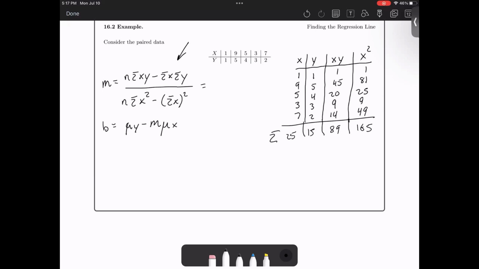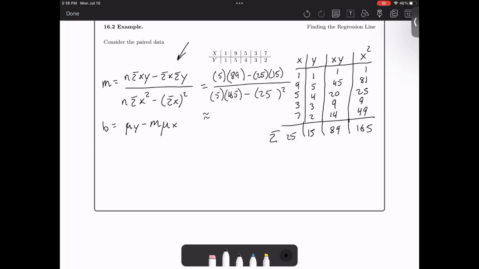Let's figure out this slope. So the slope will be given by, we have 5 paired data. The sum of the x times y's is 89. The sum of the x's is 25. Sum of y's, 15. And I divide by 5 times the sum of the squared x's, 165, and I subtract the squared summed x's, so 25 squared.